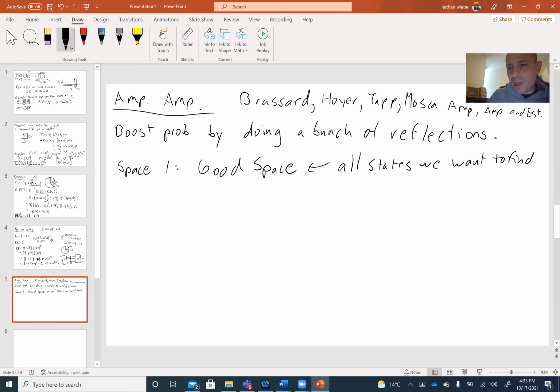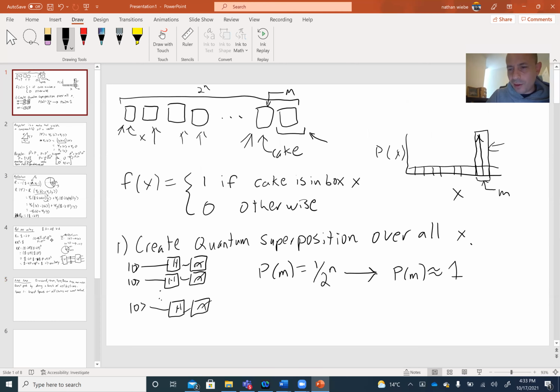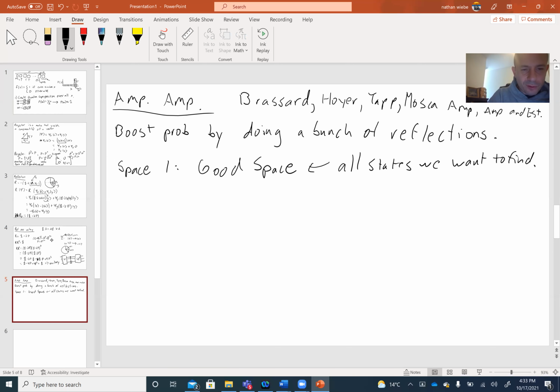For the simple case of Grover's search, which is the problem of searching for a cake, the good space would only contain this vector m over here that we're trying to search for. Everything else, unsurprisingly, exists in the bad space. And these are the things that we just do not want to find.